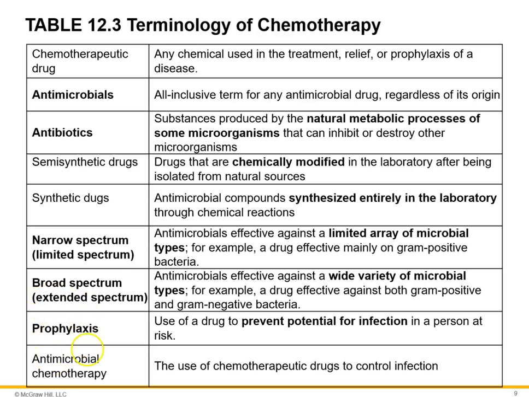Prophylaxis, you need to know, is the prevention of something. So when we say we're taking a drug prophylactically, what we're doing is we're using that drug to prevent a potential infection in a person at risk. So let's say you're working in the ER and a patient comes in and the patient is found to have bacterial meningitis.